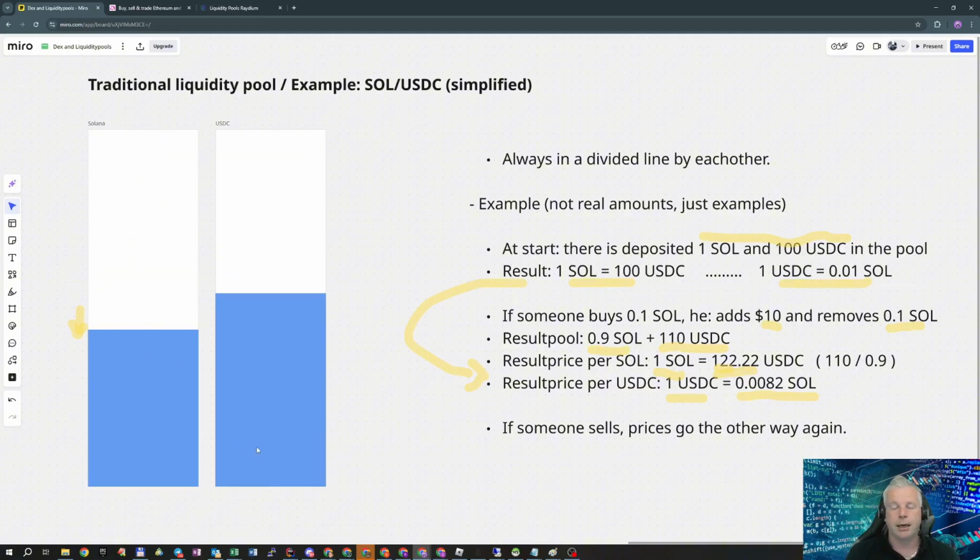If he was the only liquidity provider in this pool, but obviously the program on the blockchain, the contract, allows many people to add liquidity at the same time, which means that all trading fees are divided over the liquidity providers.